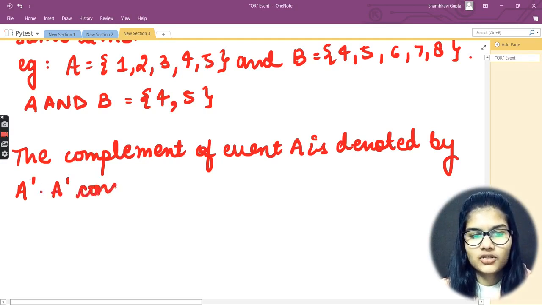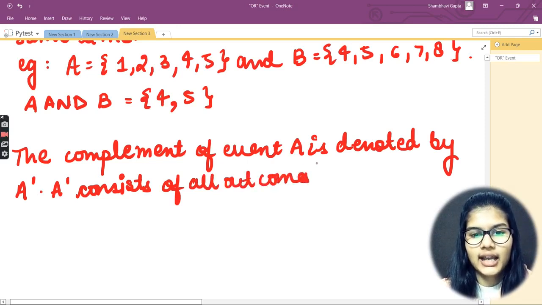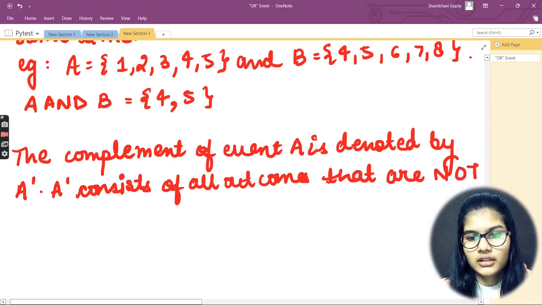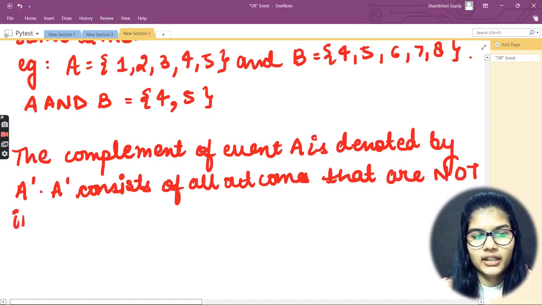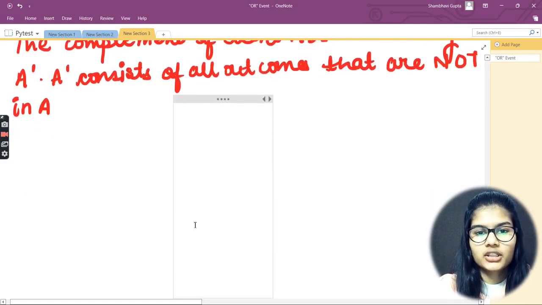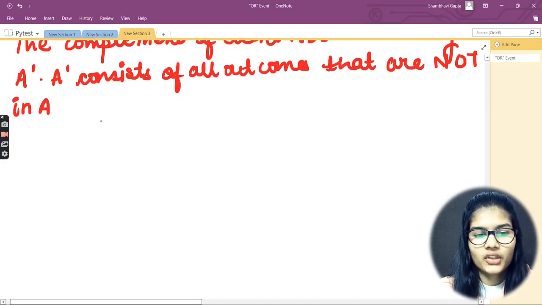So A prime consists of all outcomes that are not in A. Further, let's take an example in a similar manner.